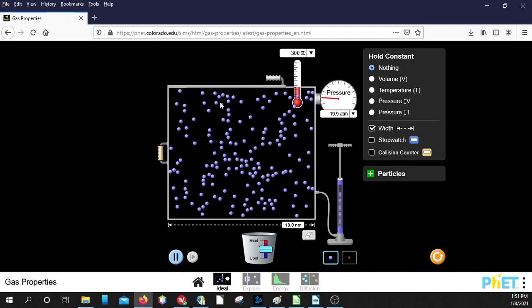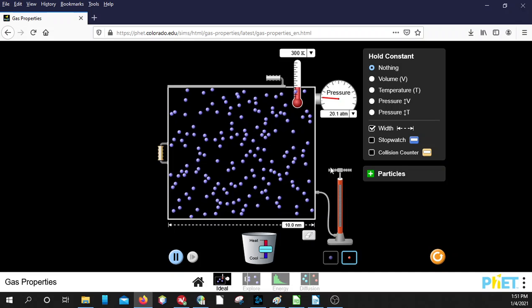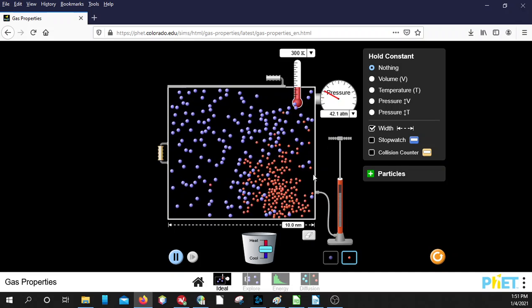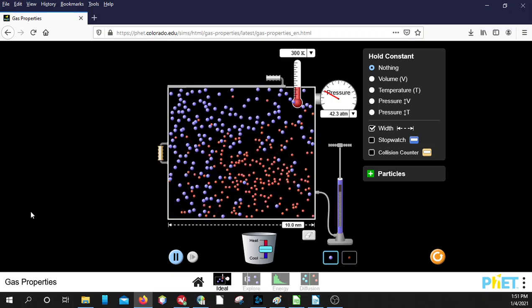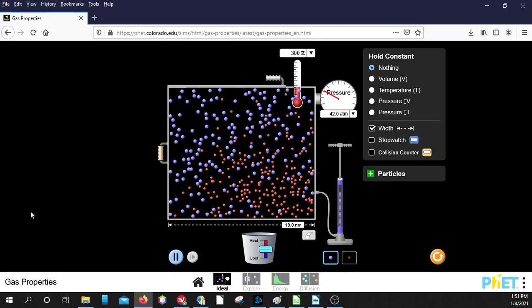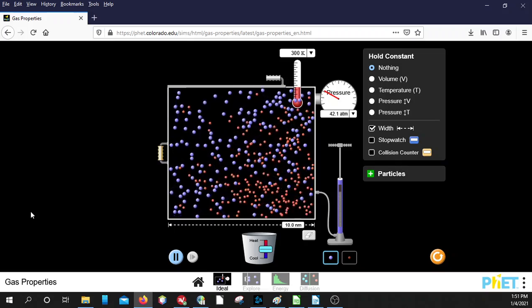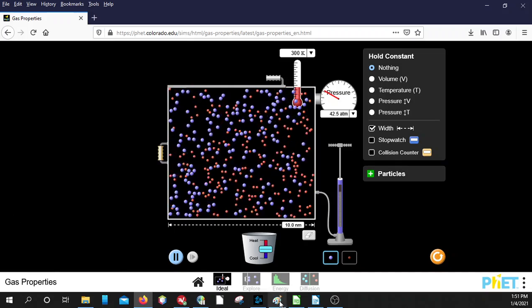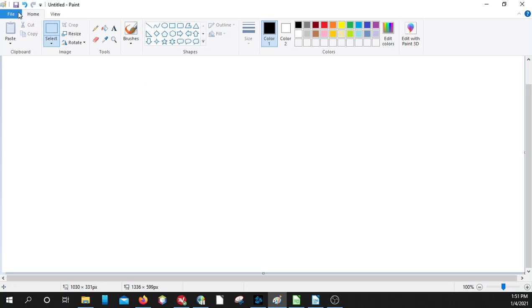Okay, so there's two different types of gases. We have big molecules and we can have smaller molecules. These red ones are lighter gas. And you can see that the lighter ones are moving faster, which is what we would expect. We know from thermodynamics that the average kinetic energy for any molecule is 3/2 kT.